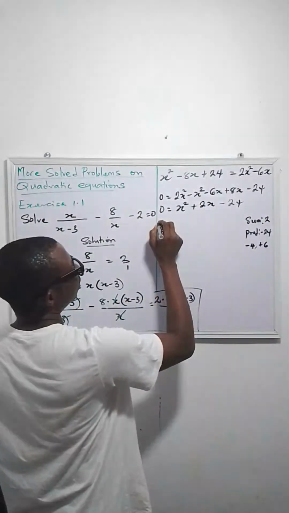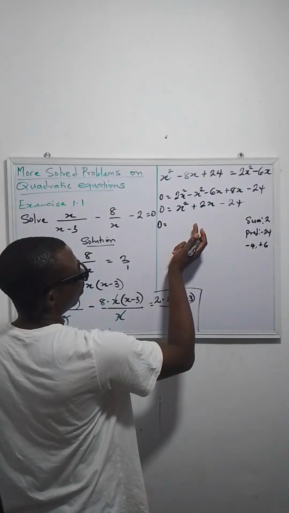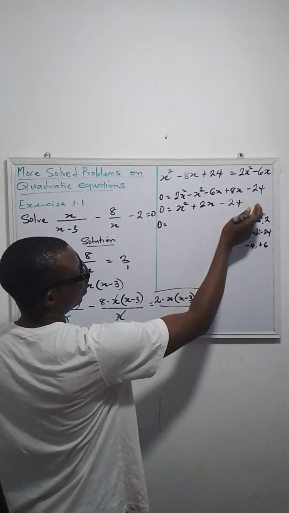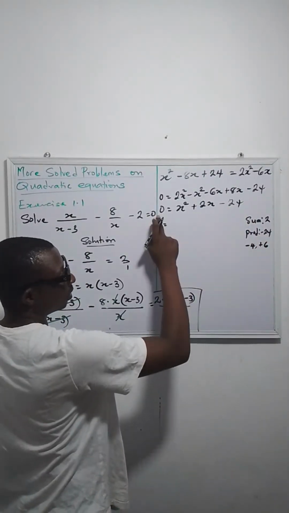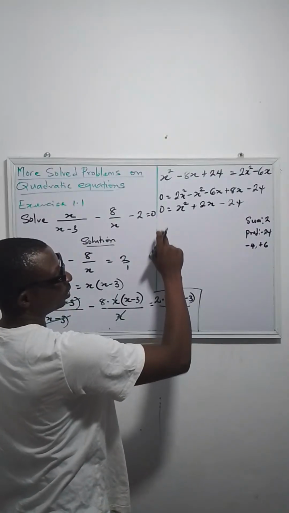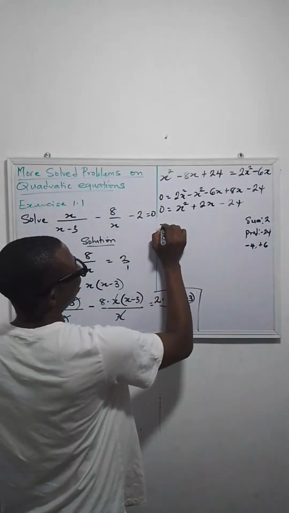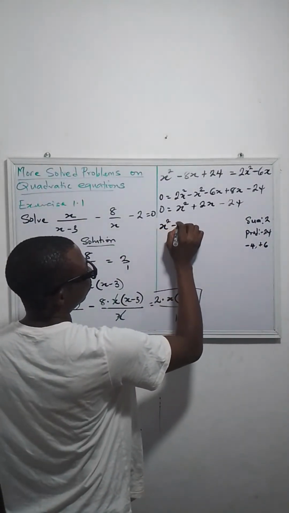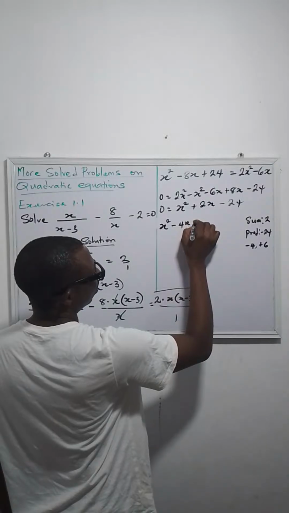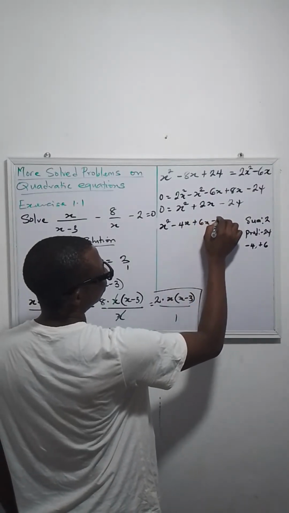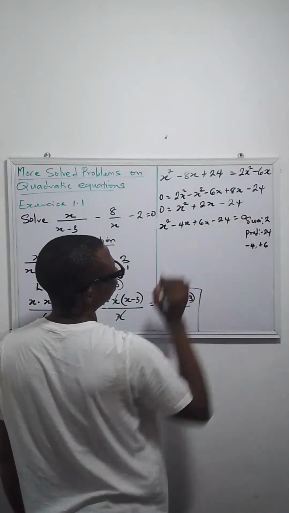So we have 0 equals to, right? If you wish to put your 0 here, it's not the same thing. Okay, let's do that because since you are quite familiar with that. So we have x squared negative 4x plus 6x negative 24 equals to 0.